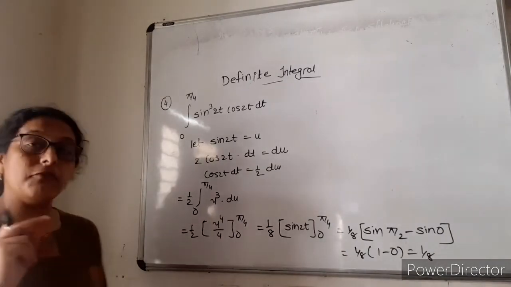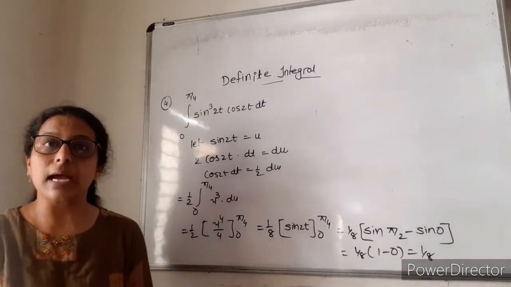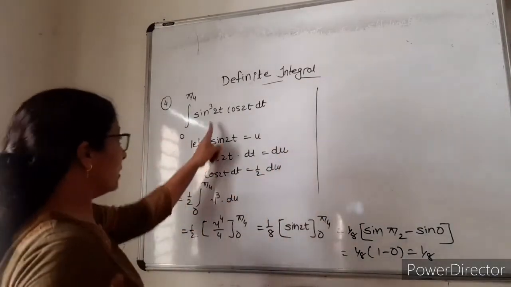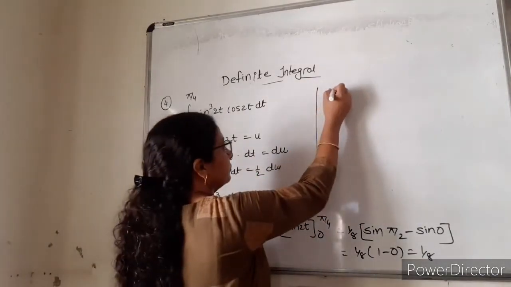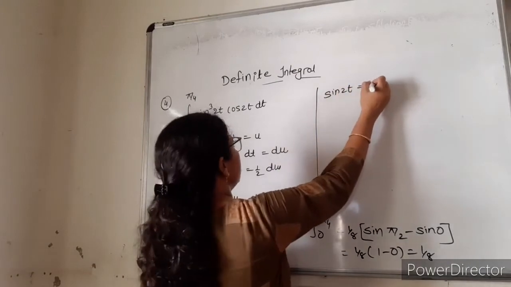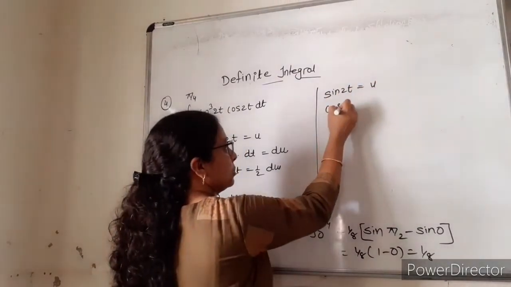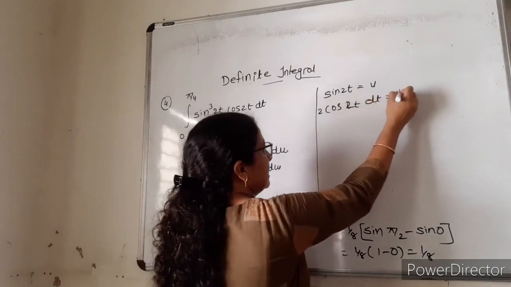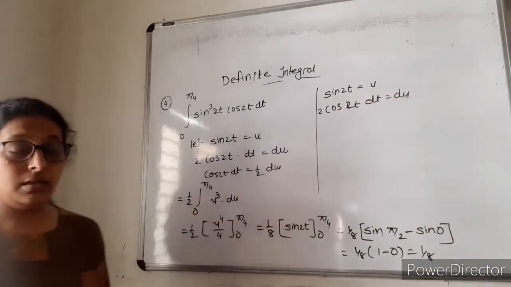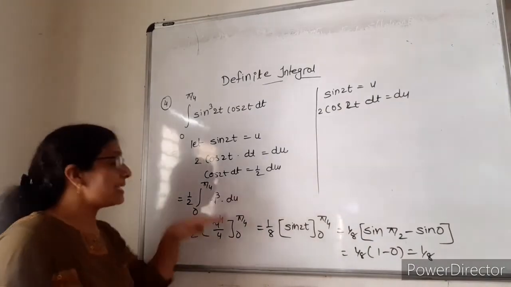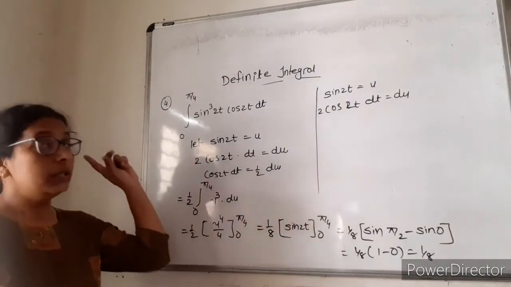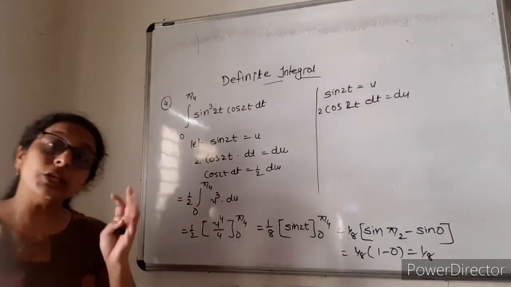Now one more way to do the sum. The method is, here I will take sin 2t equal to u. So 2 cos 2t dt is equal to du. Now I don't want to replace this again. I want to complete the sum in u only.